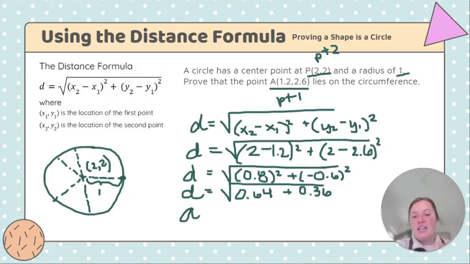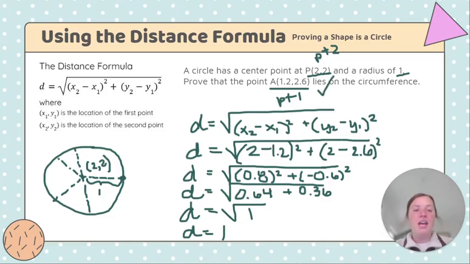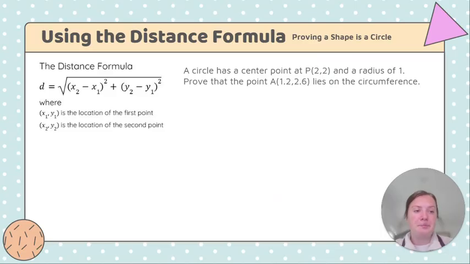Next, we can go in and add these values together, and guess what we're going to get? We're going to get 1. And if you plug in the square root of 1 into your calculator, you're going to find it is 1. We have the radius of 1, so then it is true that the point A, 1.2, 2.6, is located on the circumference of the circle. Okay.